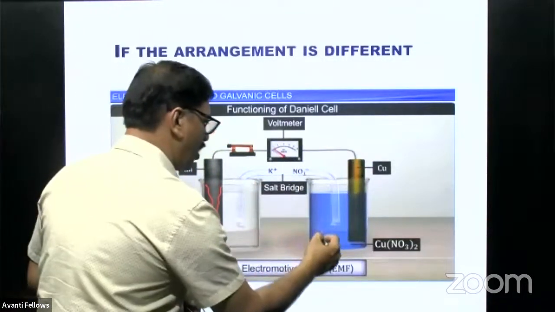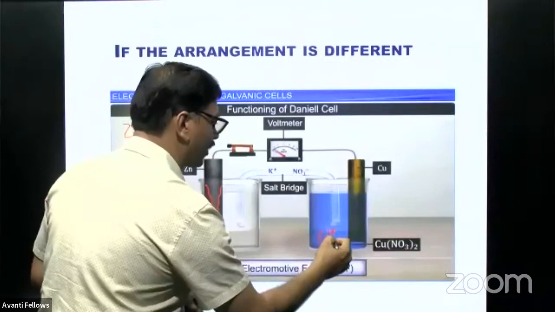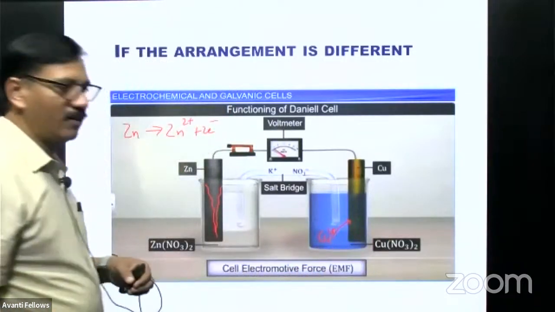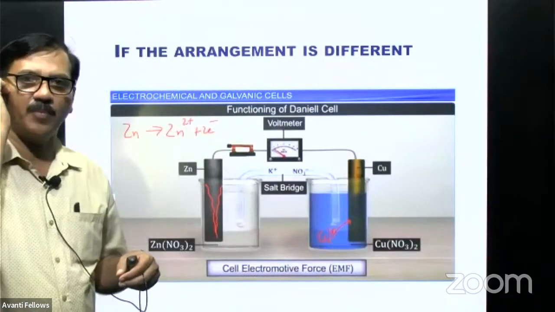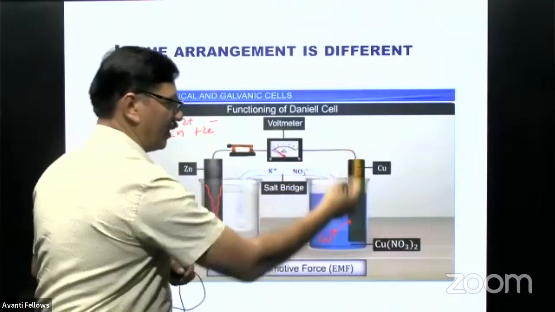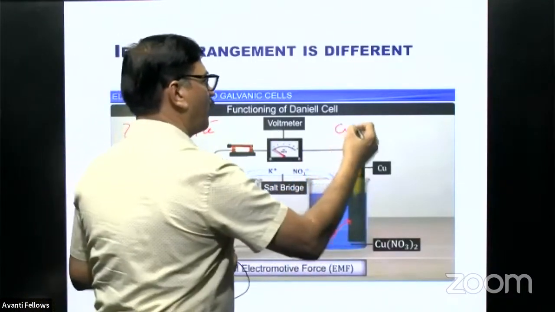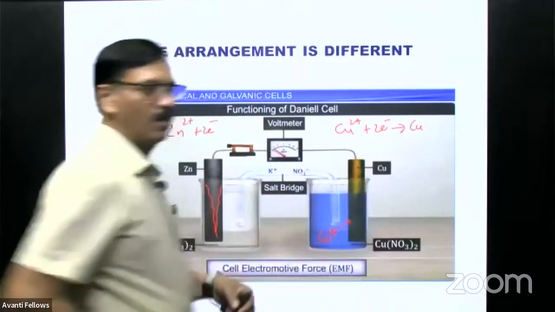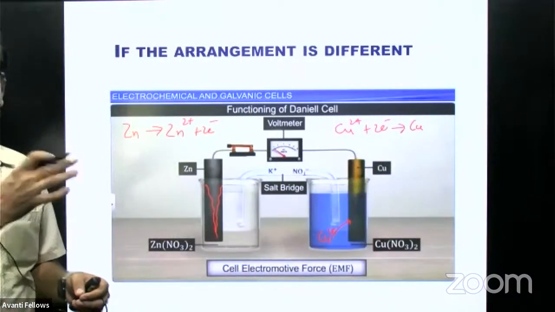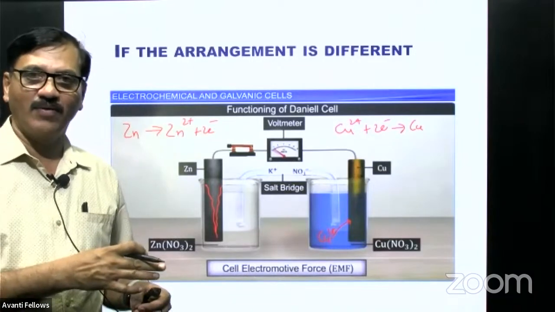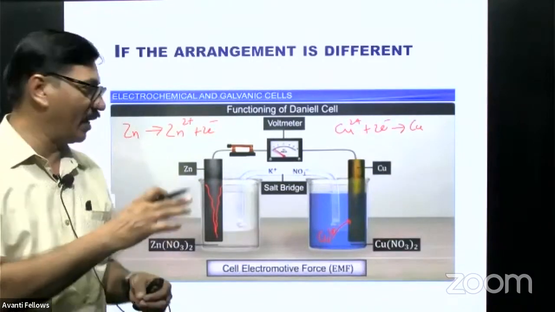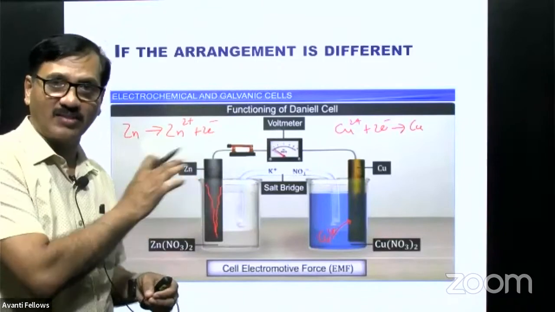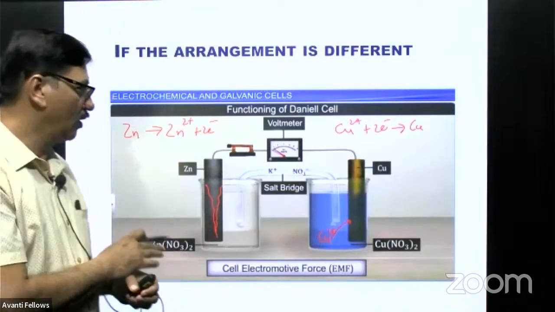The copper ion present in the solution gets deposited there by taking these electrons, that means Cu 2+ takes 2 electrons to form copper. It is the same reaction as in the first case with the direct redox reaction, but we are doing it indirectly.